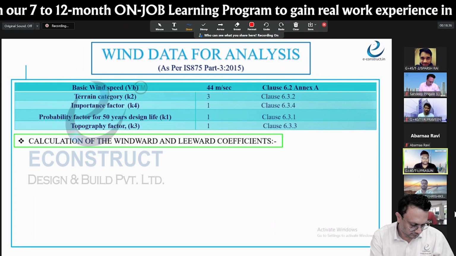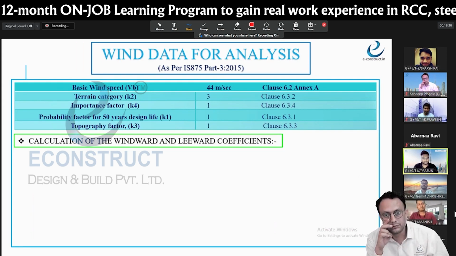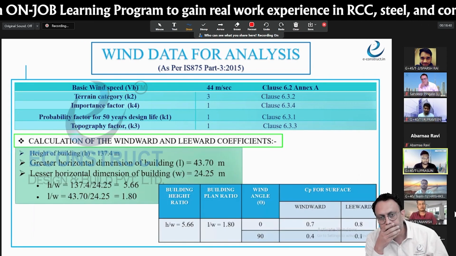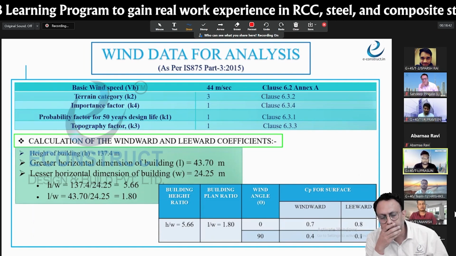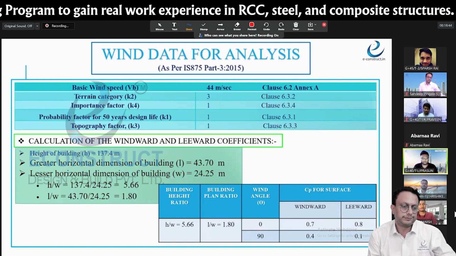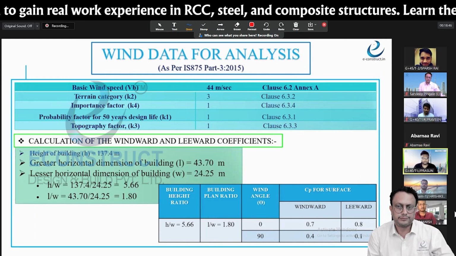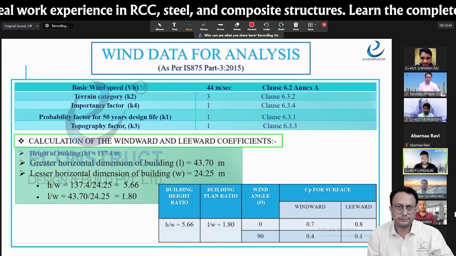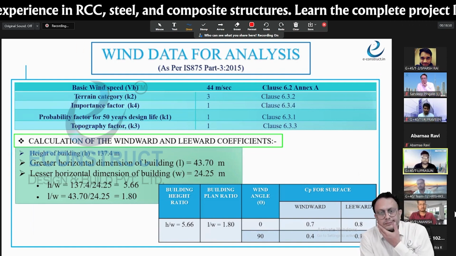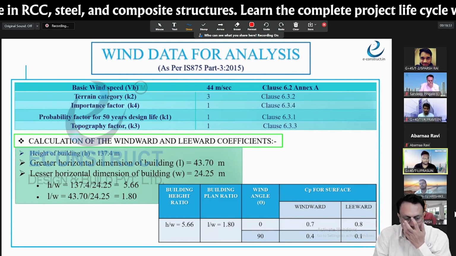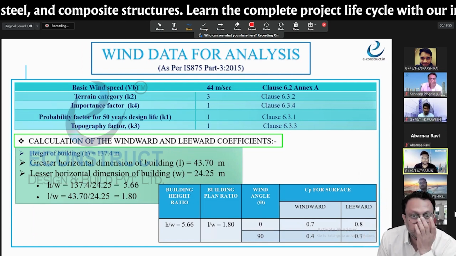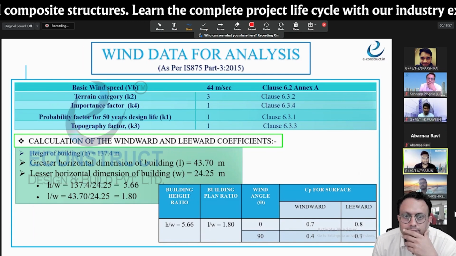The wind data is taken for the Mumbai location. We have considered the coefficients for the wind as 0.7 and 0.8 for the X axis, and for the perpendicular axis we have taken 0.4 and 0.1 as per IS 875 part 3.